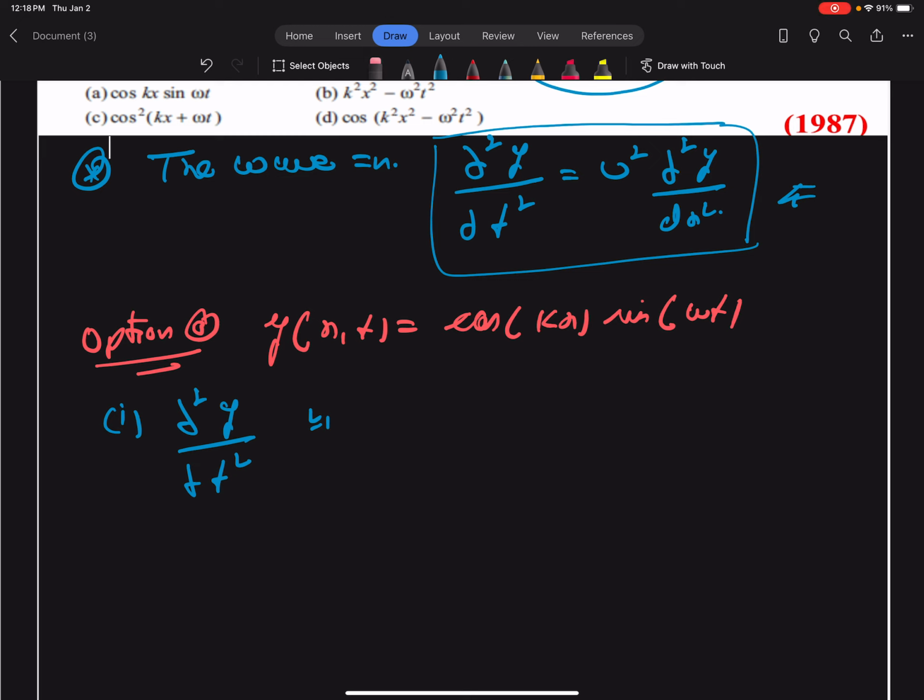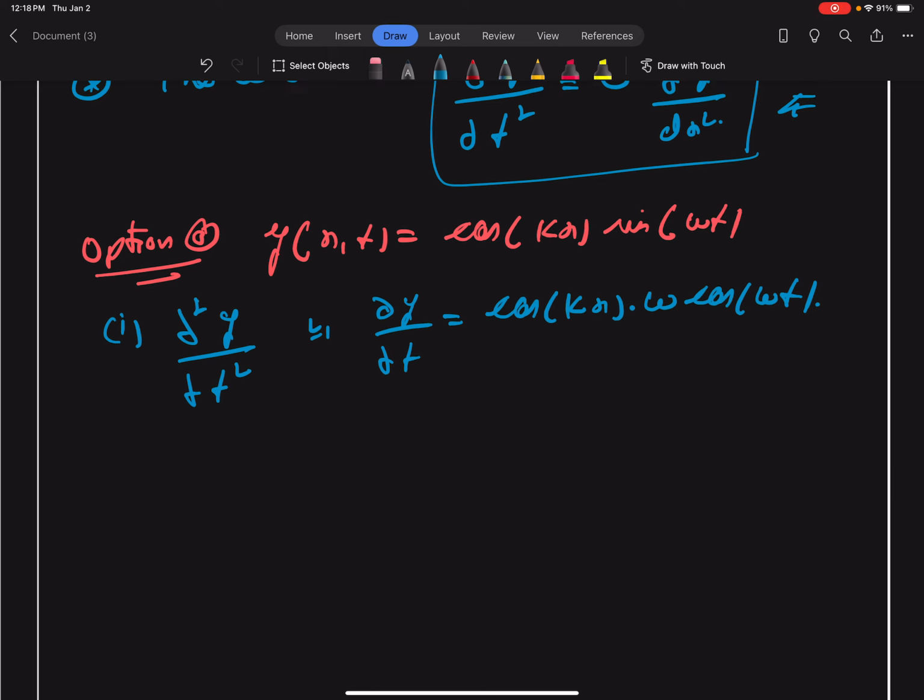The first derivative, partial y upon partial t, will be equal to cos of kx multiplied by omega cos of omega t.